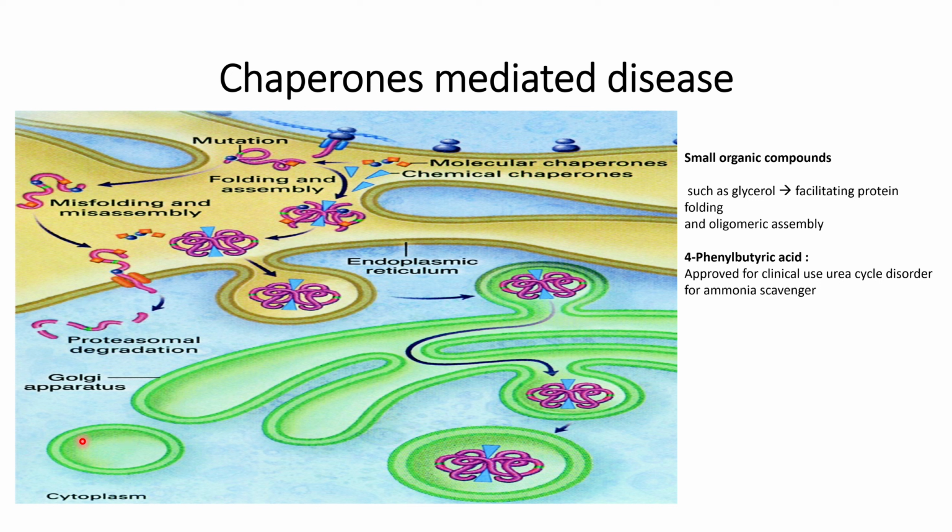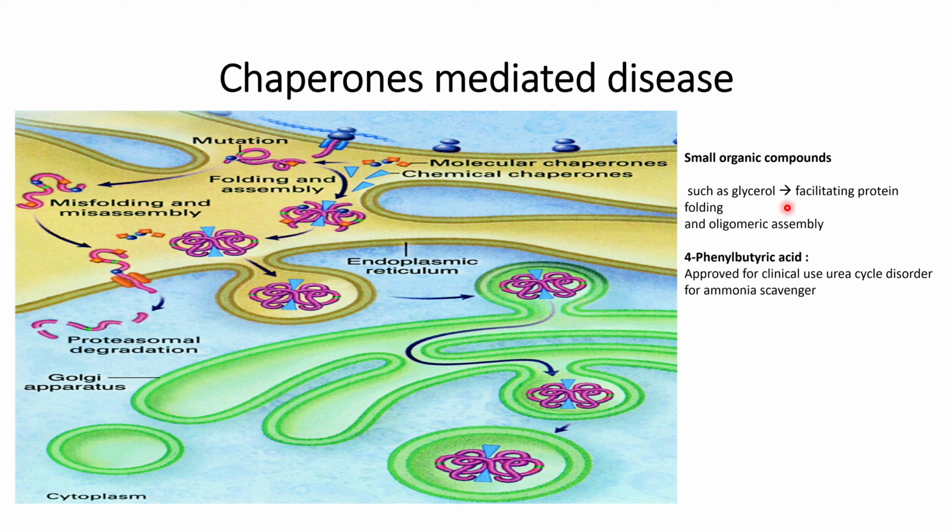This disease can be taken care of by some external small organic compounds which are being tested, and currently some of the compounds are being approved for clinical trial. So let us discuss some of these compounds.